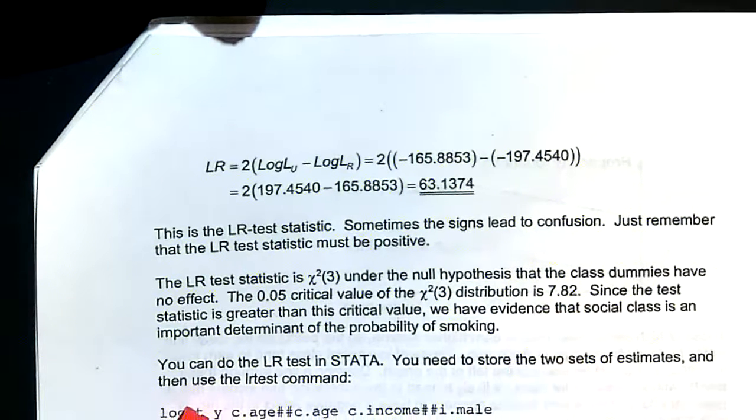All right, 7.82 will give you the critical value, and so you have a way of deciding whether or not to reject the restrictions or not. So here it is in Stata.